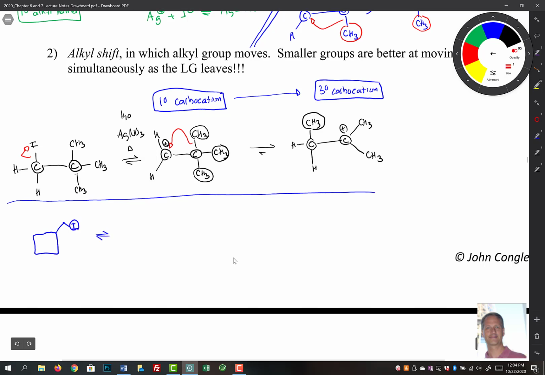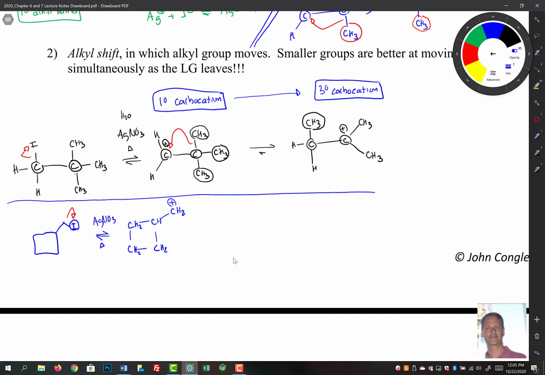So step number 1 with this would be kicking off our leaving group. So I'm going to write out carbons here. Carbon, carbon, carbon, carbon, and now that's a CH2 with a plus. That's an H, H2, H2, and H2. And of course we need like silver nitrate, heat or something in there to promote that ionization.